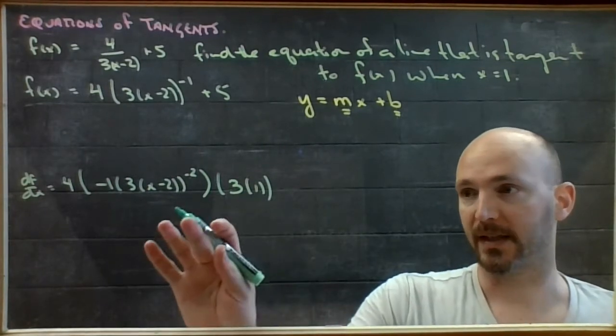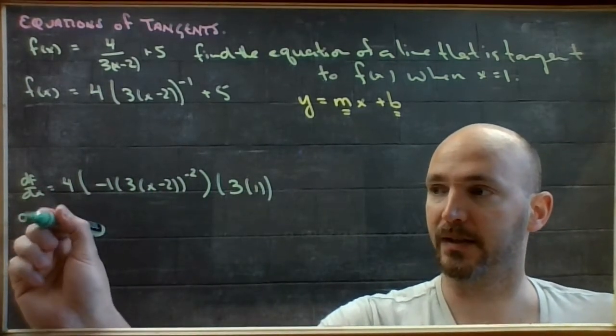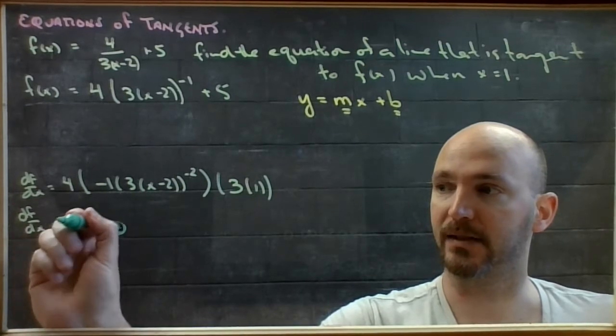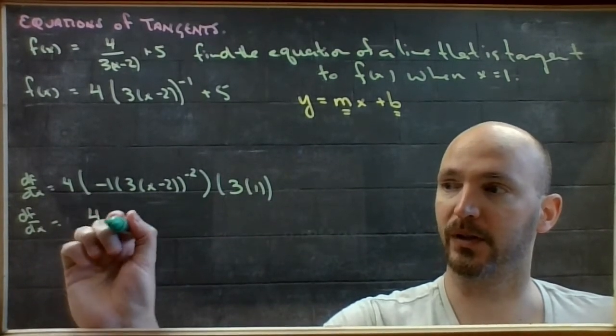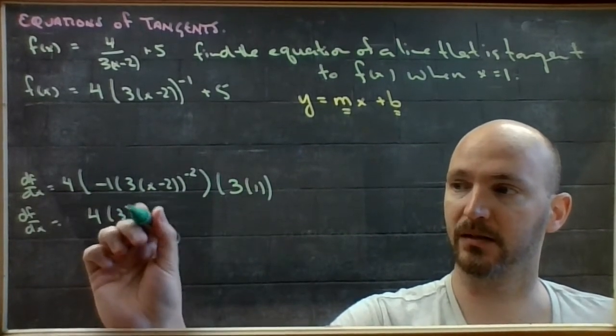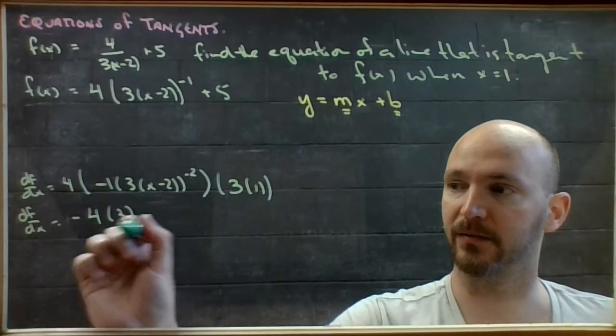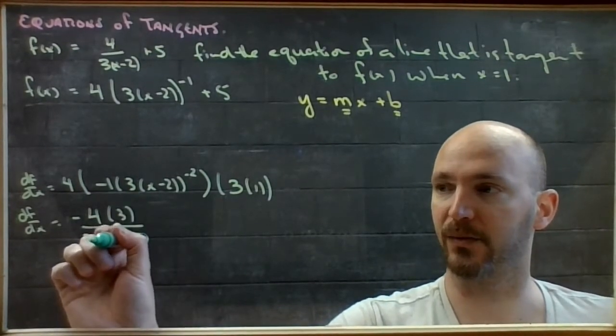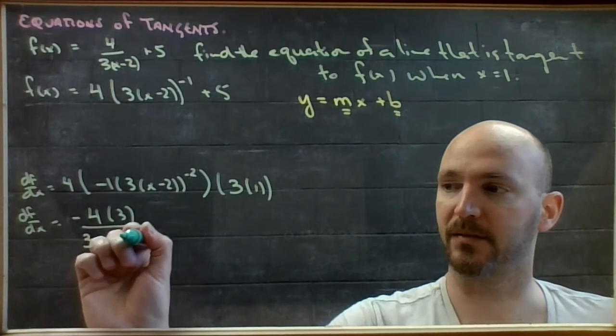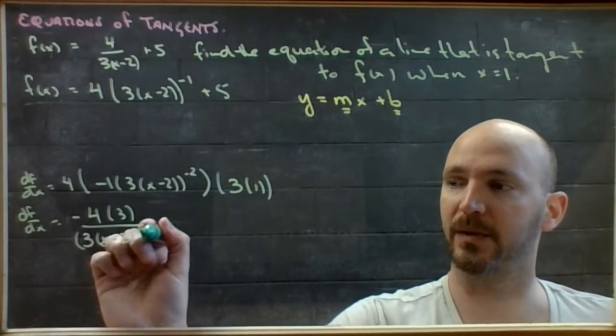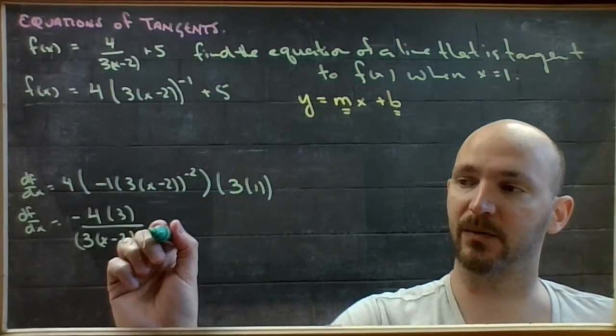So if I were to clean this up a little bit, I end up with df dx equals 4 times 3, negative, and there's a 3x minus 2 in the denominator because it's negative and it's squared.